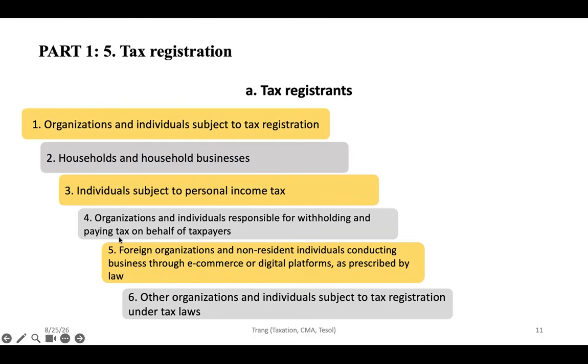Finally, we have a catch-all category: other organizations and individuals subject to tax registration under tax laws. This ensures that any unique or newly emerging business structures are still covered by the regulations.